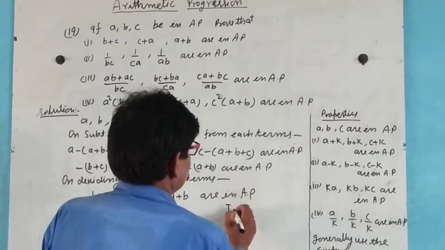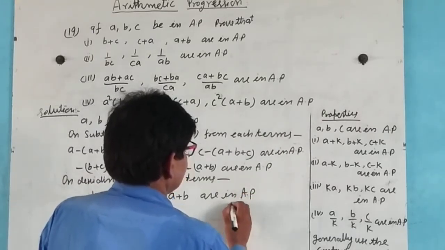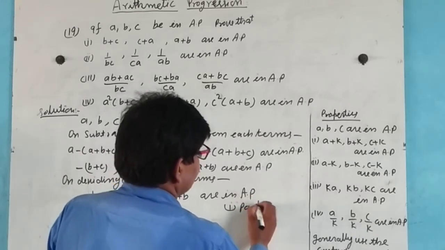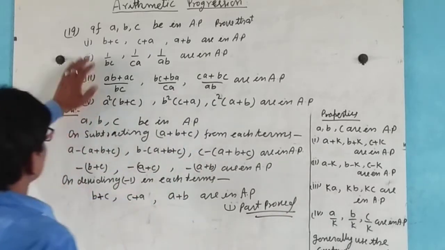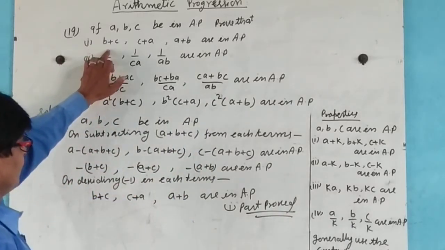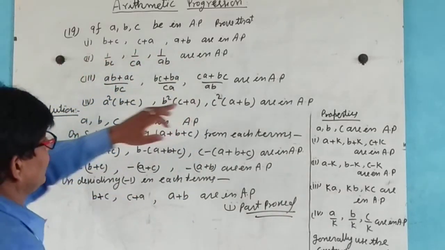First part proof: B plus C, C plus A, A plus B are in AP.